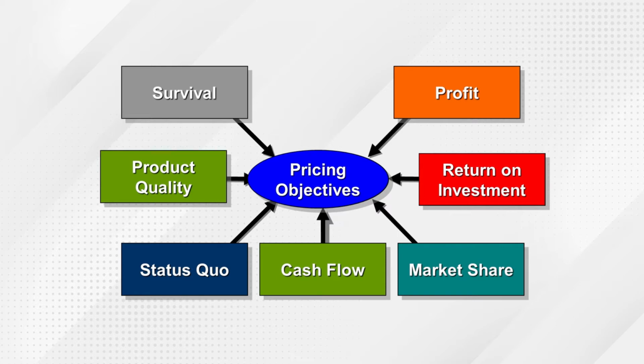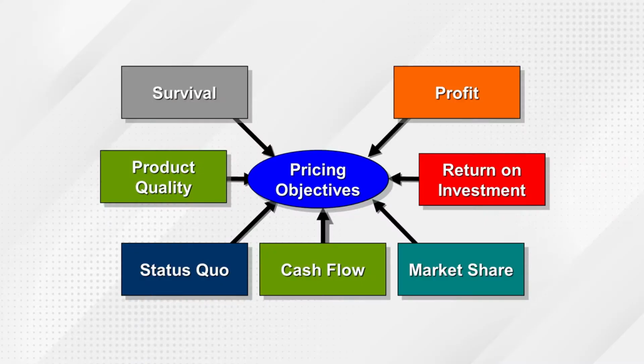Some firms want high market share; their objective is only to gain market share. Now, if that is the objective, then those firms also try to price low, because when you price low, as we know from the principle of demand, when the prices go down, the quantity demanded goes up.